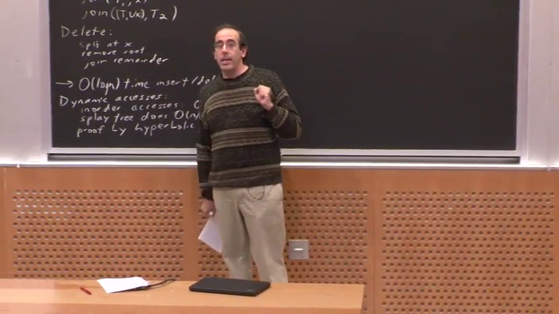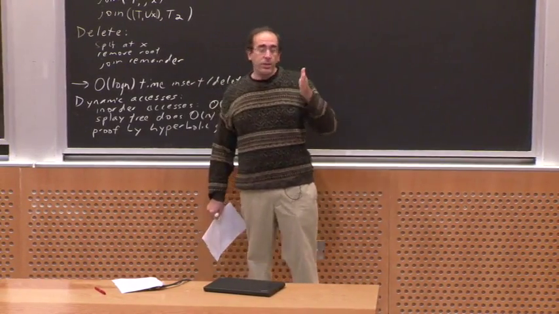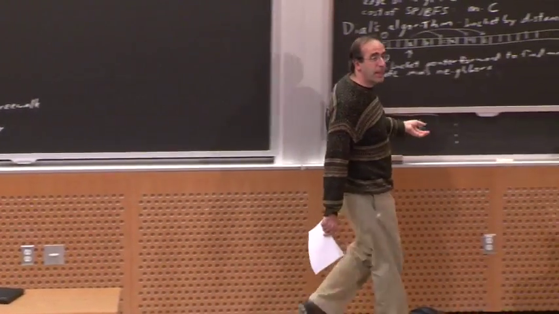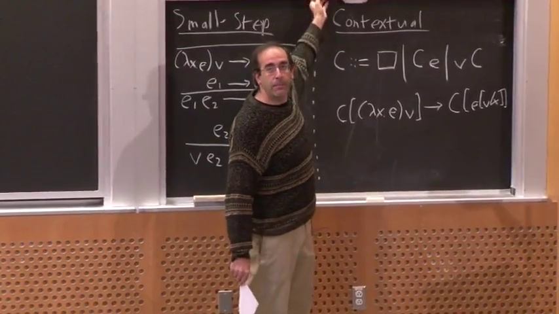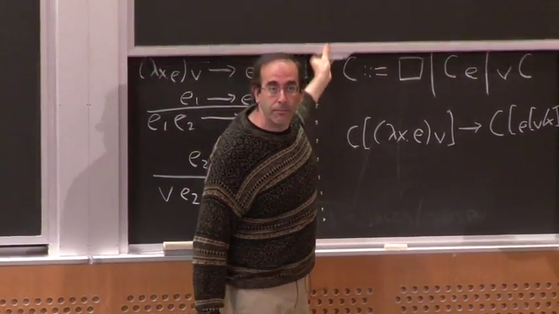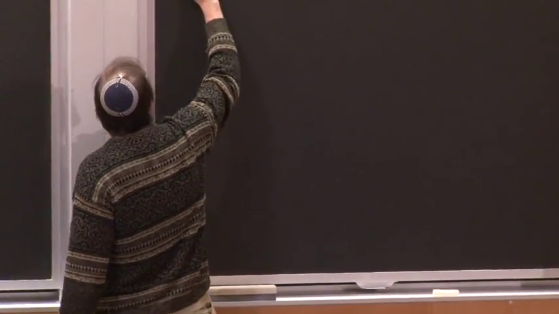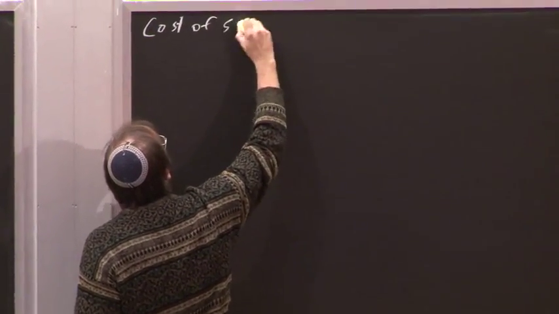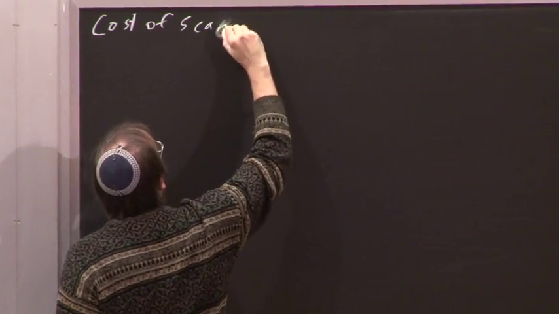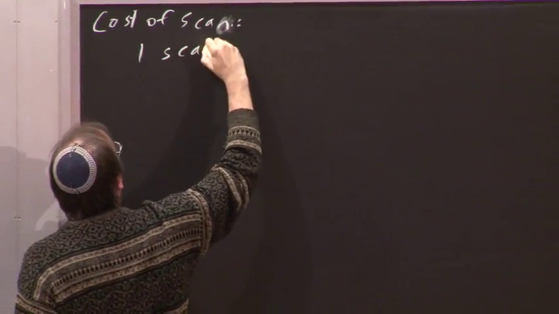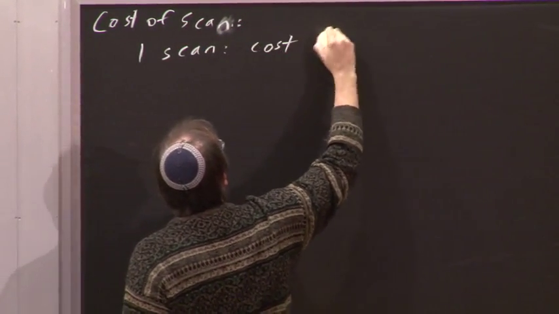So the first thing that we can say is the cost for a single scan is going to be C. Why is that? Why is the cost of a scan C?